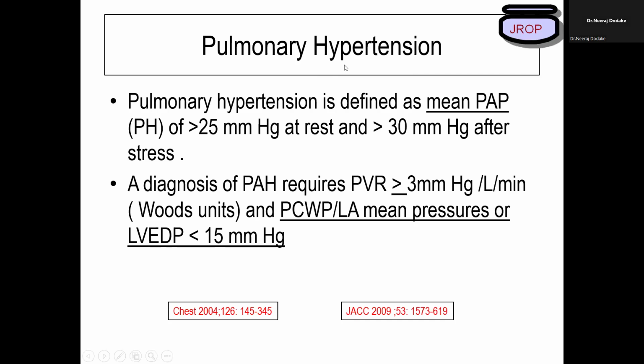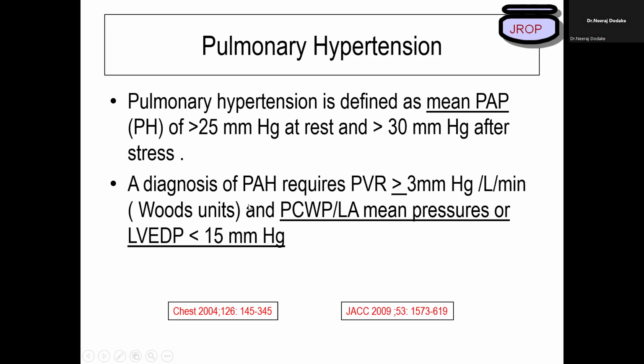Let's talk of the definition of pulmonary artery hypertension. It's defined as mean, not the peak, pulmonary artery pressure more than 25 millimeters of mercury at rest and more than 30 millimeters of mercury after stress.